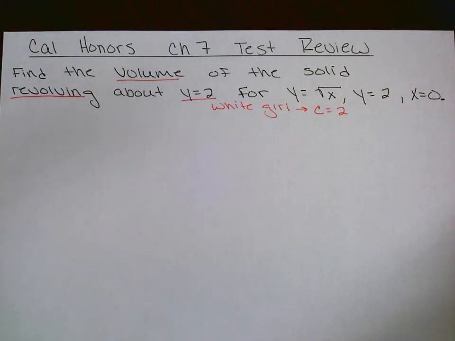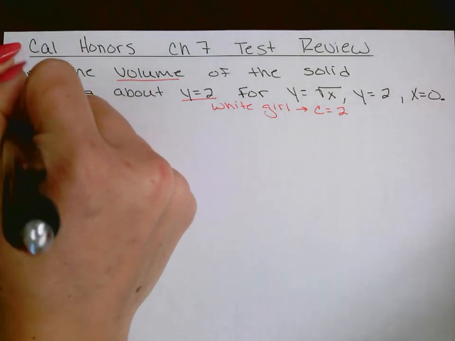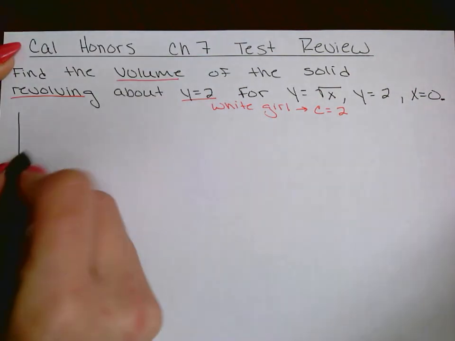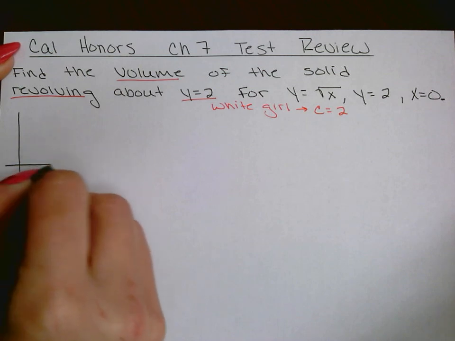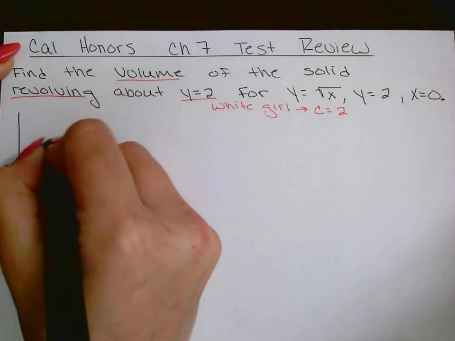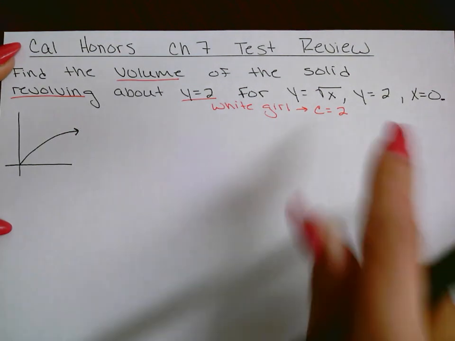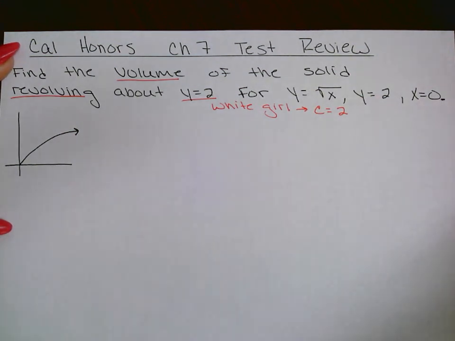So let's start analyzing this graph, and then we also have to take into account what our a and our b are. So what is a graph of square root of x? Good, like a teapot. And how about y equals 2?